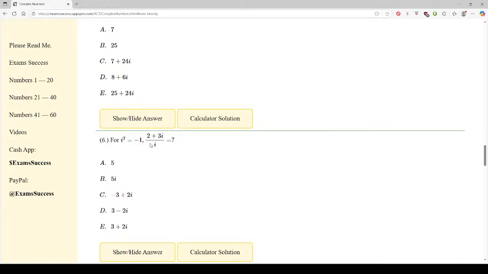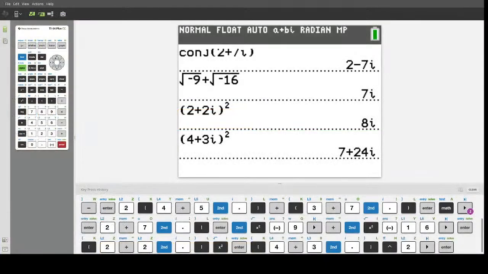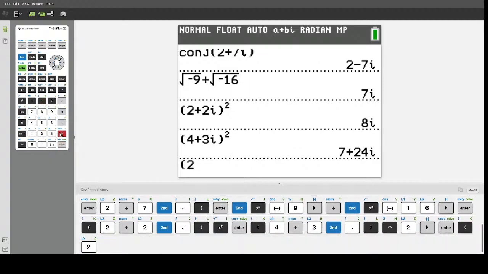This one is division: 2 plus 3i divided by i. With this division, we just do it this way: 2 plus 3i divided by i.